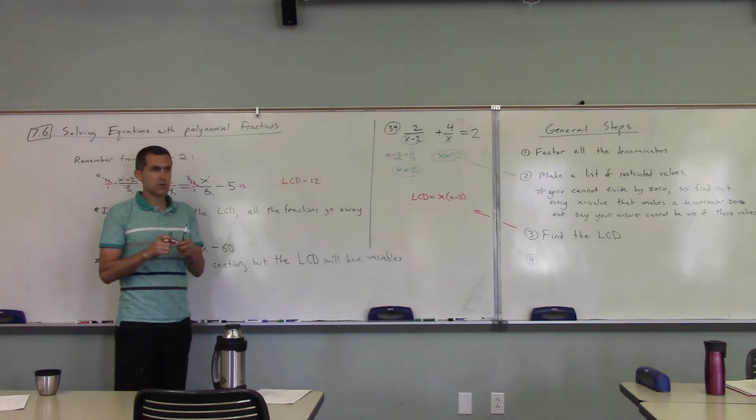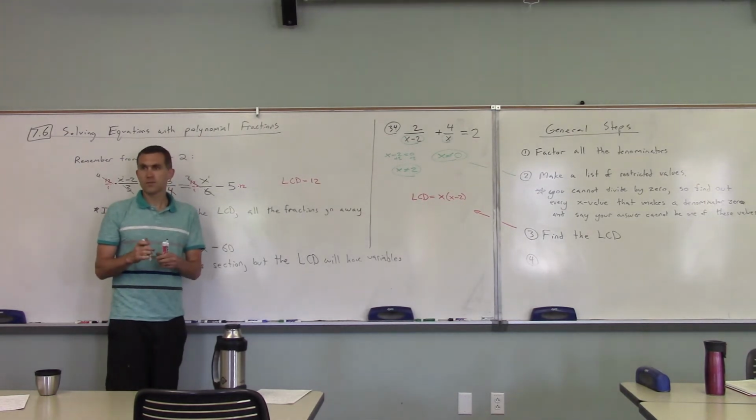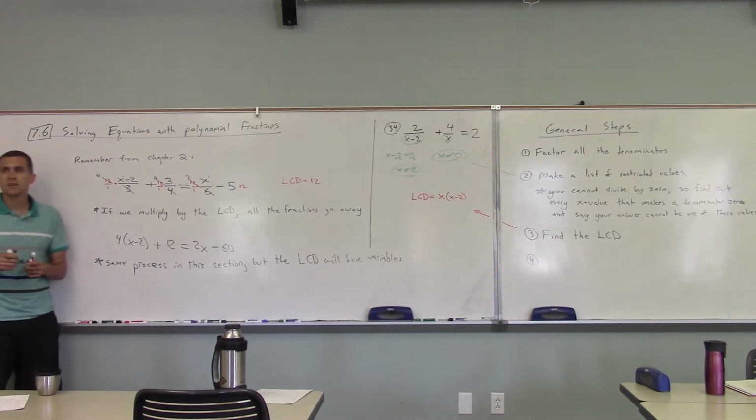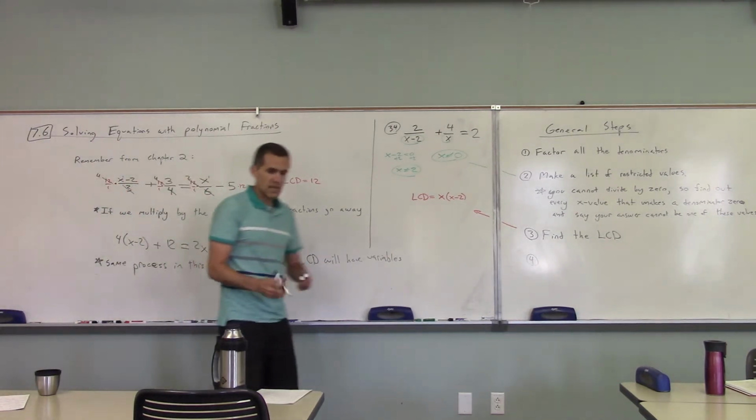And then what do we do? Right, same step we did over here. We found the LCD was 12, and then? Multiply everything by the LCD. Exactly.